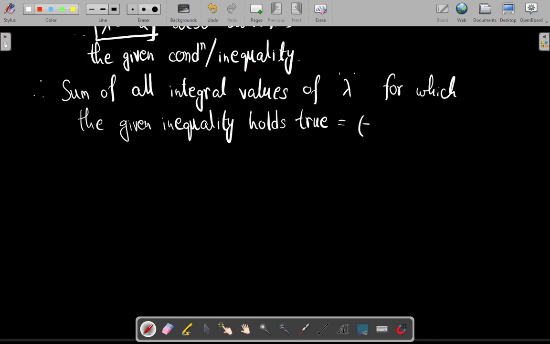So we get three values, -1, 0 and -2. If we sum them, we get the sum to be -3. So this is your final answer.